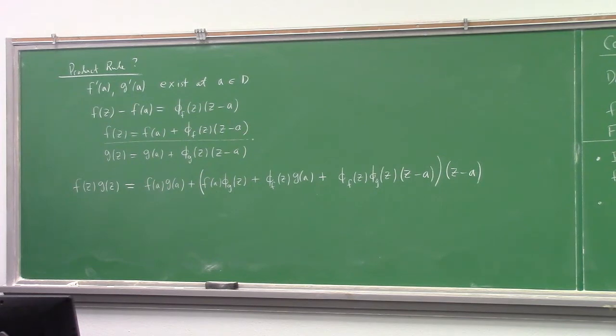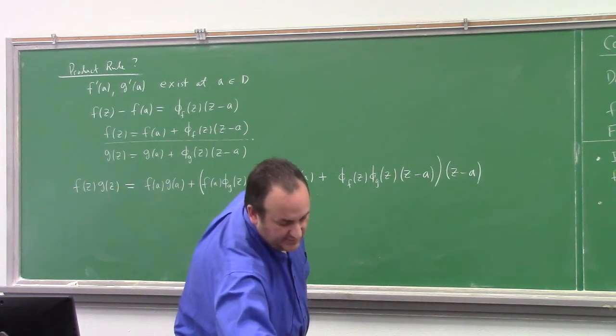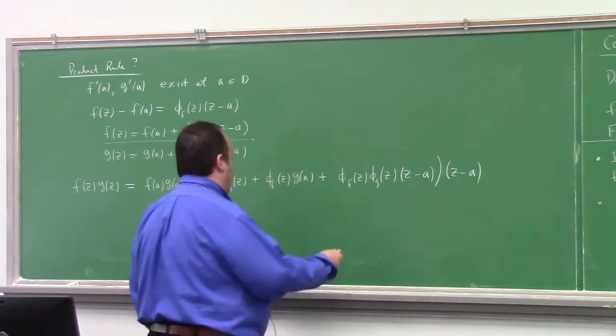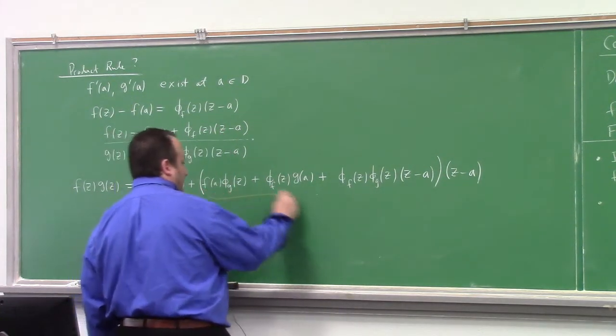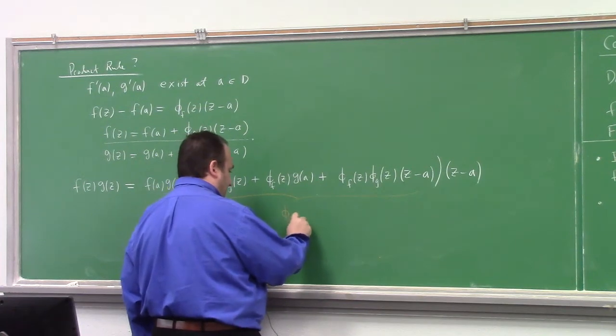And more than that, its difference quotient function, its phi sub fg, if you will, is given precisely by what I've written in the big parentheses. This business right here is what I would call phi sub fg of z.